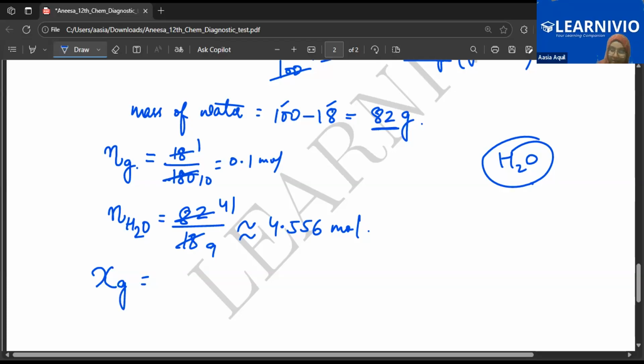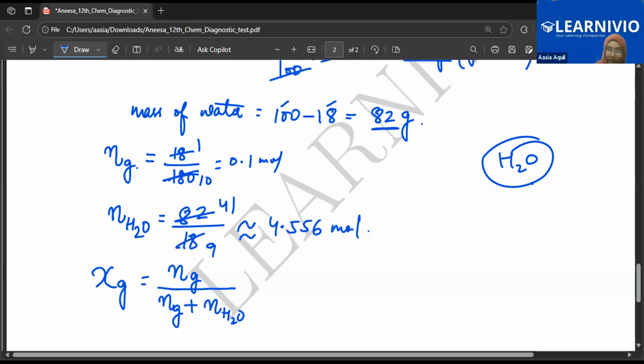The mole fraction equals the number of moles of that component which we are calculating, in the numerator, and the total number of moles, meaning the sum of moles of each and every particle. There are two components here, glucose plus water, so the number of moles of glucose plus the number of moles of water.